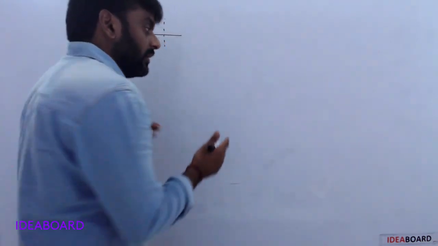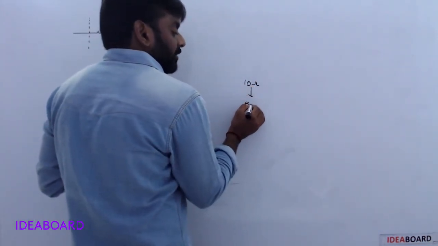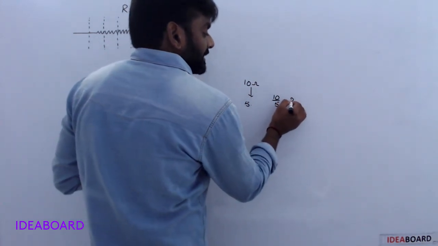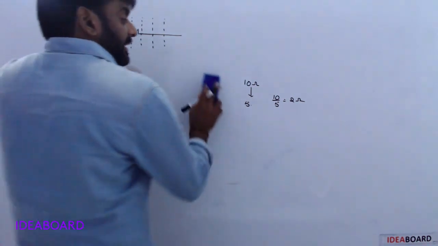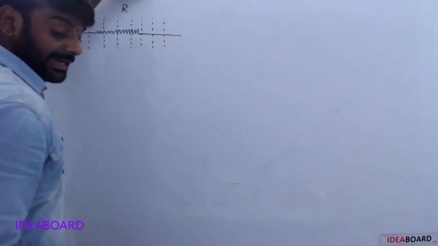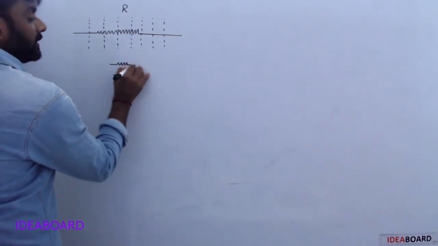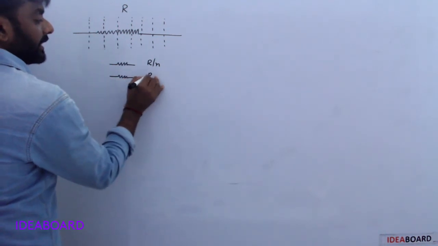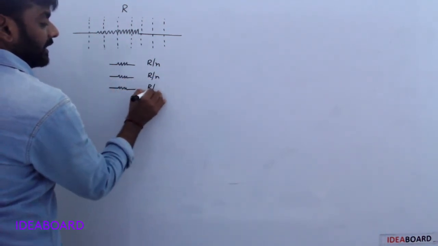For example, a total of 10 ohm cut into 5 equal parts means each one is 10 by 5, equal to 2 ohms. Like that. For n equal parts, each part's resistance is R by n.